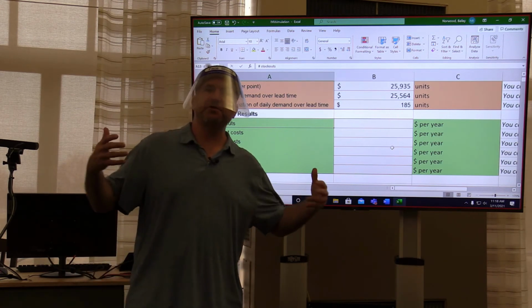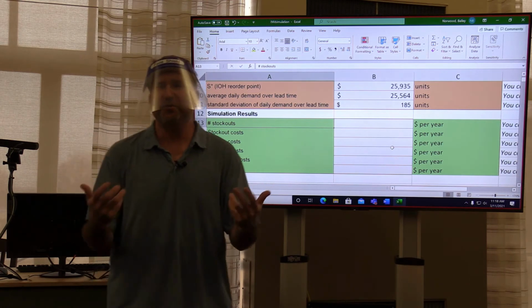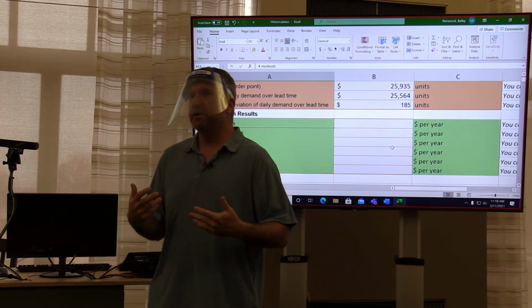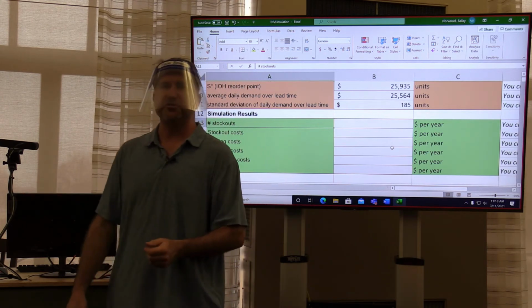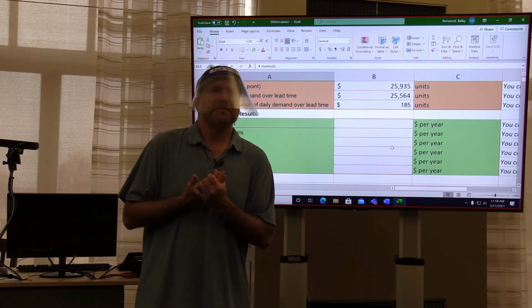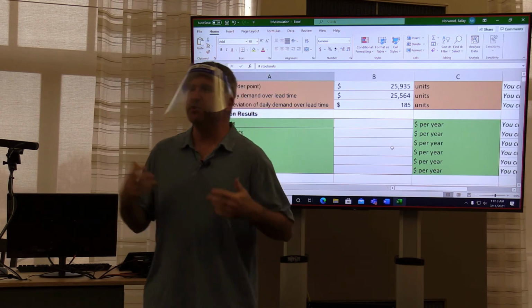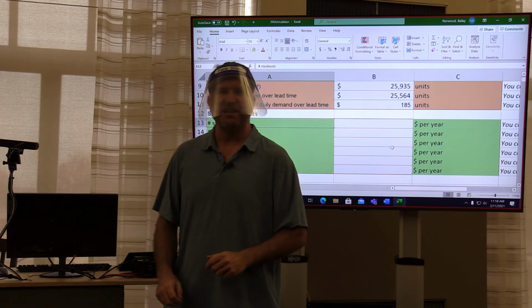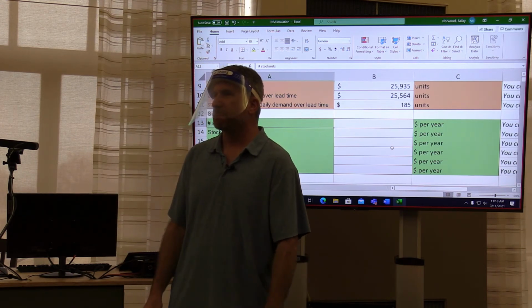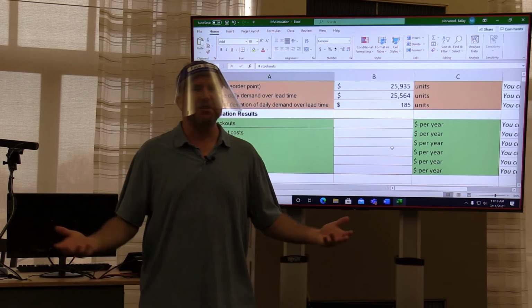And so sometimes you want to say in this model, and you don't know what the real cost of running out is, it has to be some kind of guess about how many customers you're going to lose in the future. But maybe you say to yourself, if we run out even once, that's like losing $10,000 right now. You've got to give it some kind of number to start with.